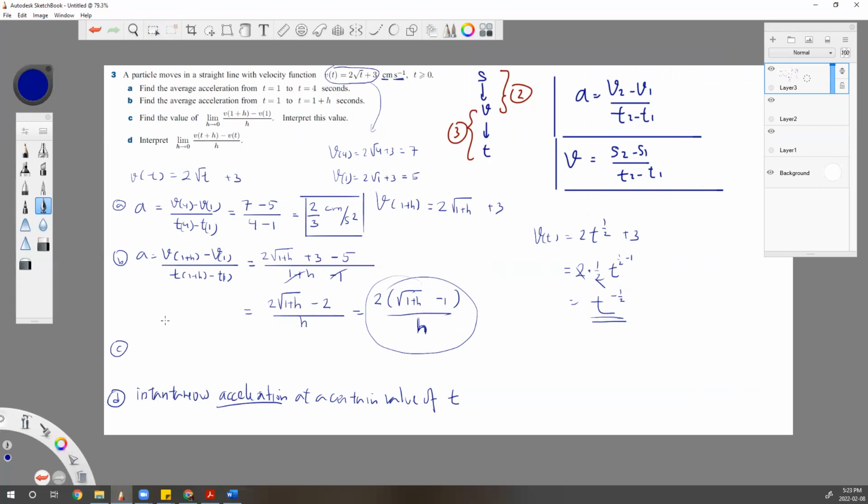I just do it intuitively. So h is near to 0, so I can just write 2 times (square root of 1 plus 0.01, minus 1) over 0.01, and compare with one nearer to 0, like 1 plus 0.000001. I make it more complicated right now.